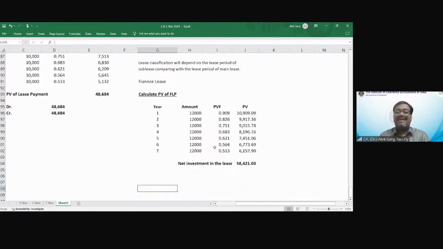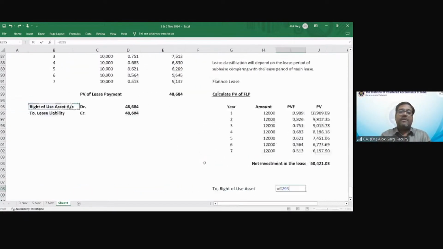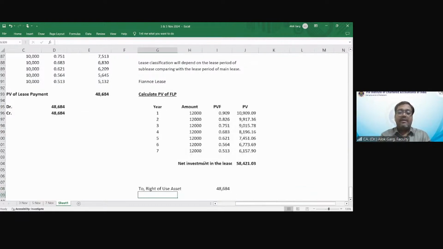What is the accounting entry in the books of the lessor? Step number 1, derecognize the non-financial asset, the right of use asset. At how much do I derecognize? 48,684. Derecognize at whatever amount it was recognized. Recognize finance lease receivable. At how much? Debit 58,421.